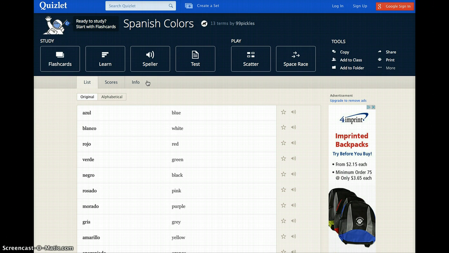And here they can further learn their colors. They can learn their azul, pronunciation in Spanish. There's tests and different games that they can play using the vocabulary.